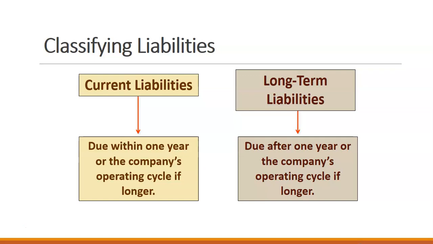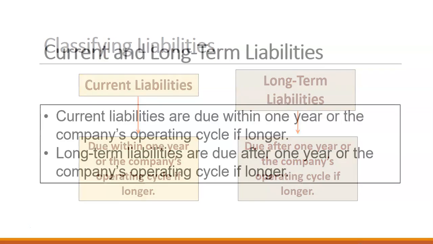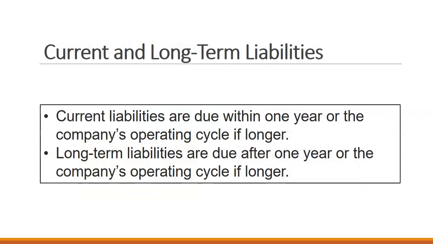What usually ends up in long-term liabilities are items like mortgages, notes payable, anything that we would pay over multiple years. We're going to focus mostly on current liabilities within Chapter 9 and then long-term liabilities in Chapter 10.